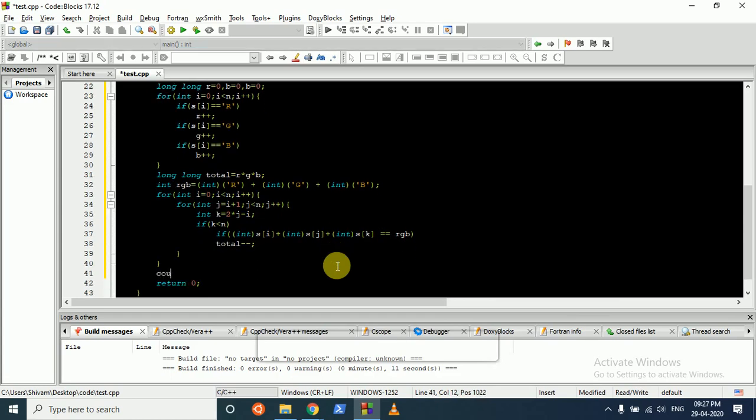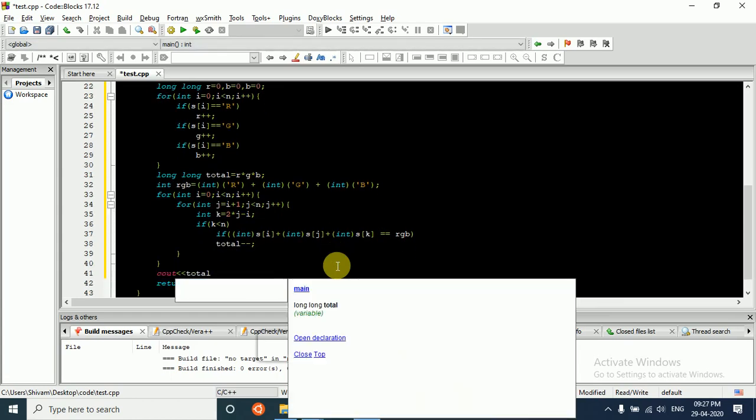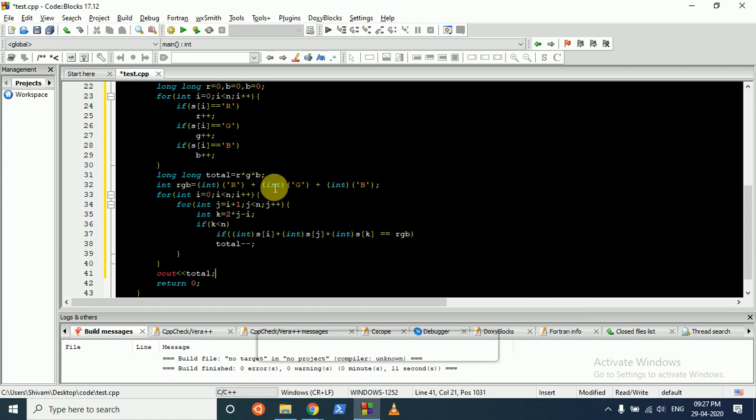After this we'll just do a cout of total because we have now removed all the triplets which are taken into account in the first place but are not following the second condition.